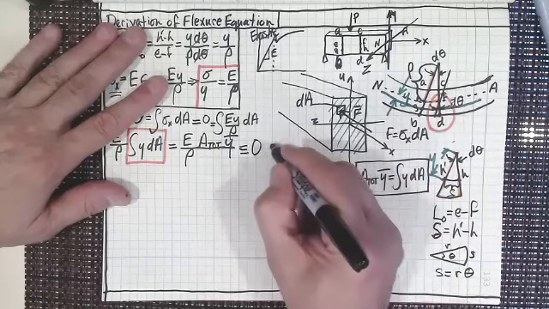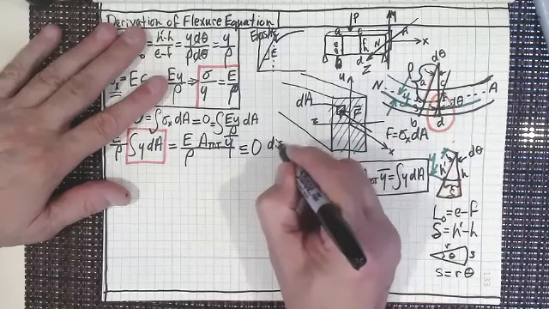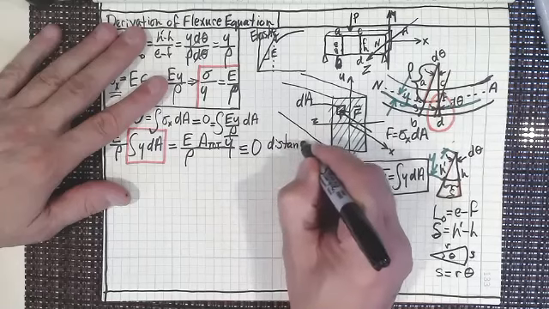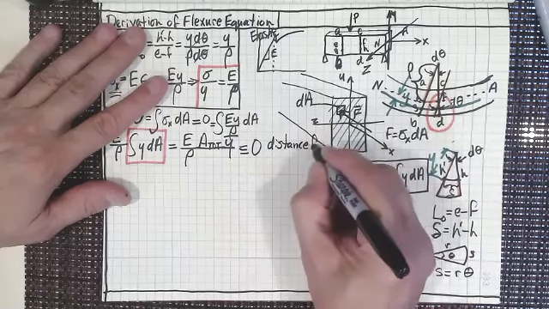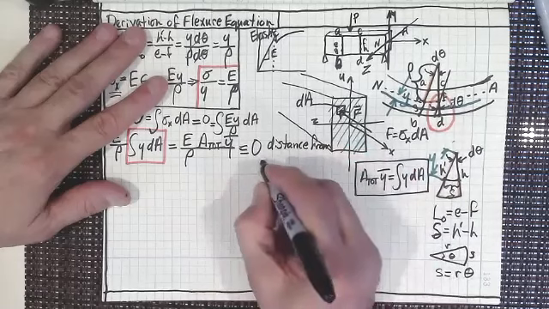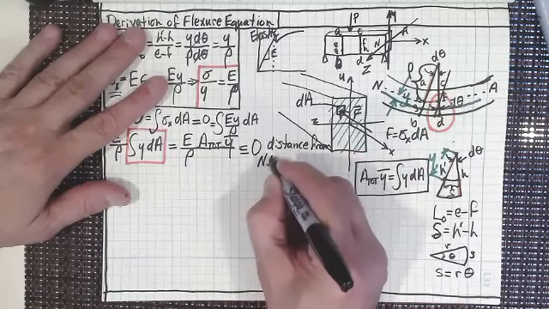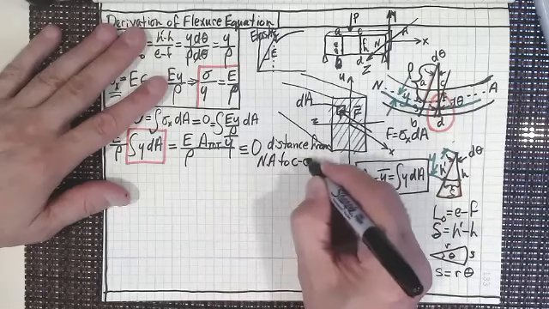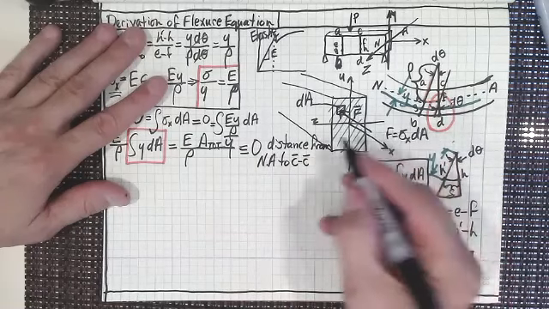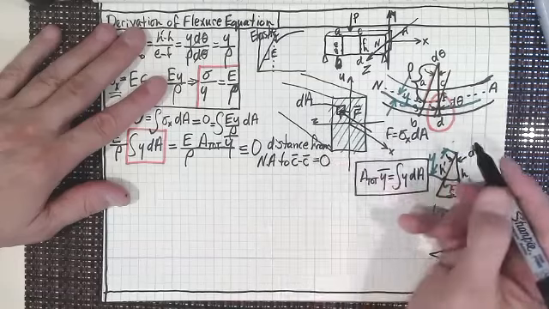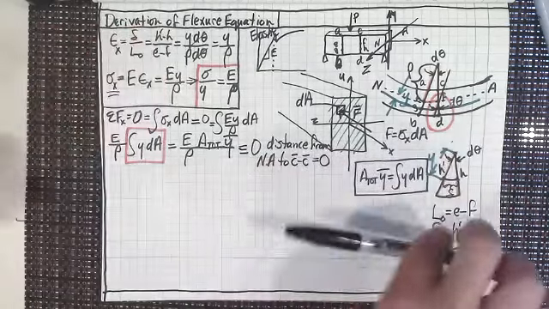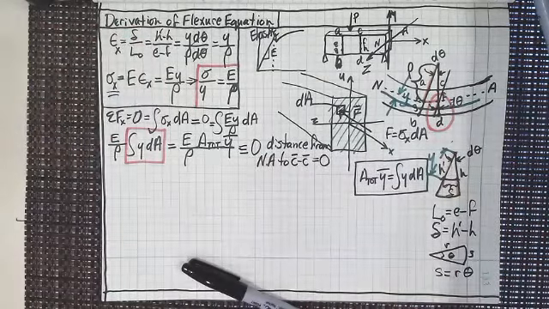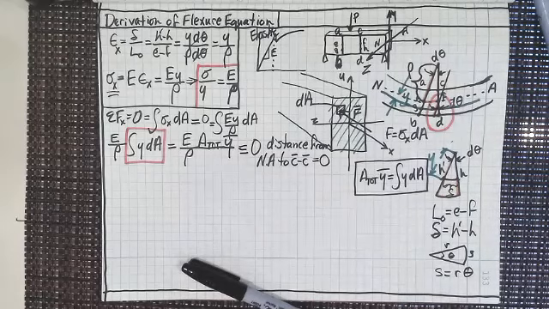And what I'm saying is the distance from the neutral axis to the centroidal axis equals 0. Let's circle that. That is so important, isn't it?